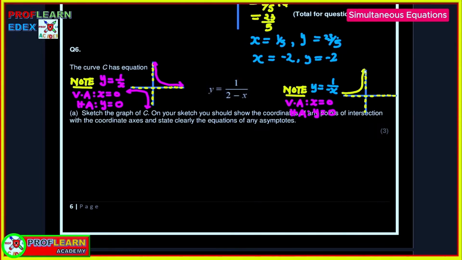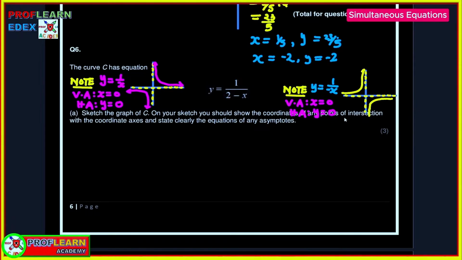Now, if you have 1 over negative x, the asymptotes are the same, but the curve will be reflected on the y-axis. You should have your graph behaving like that.